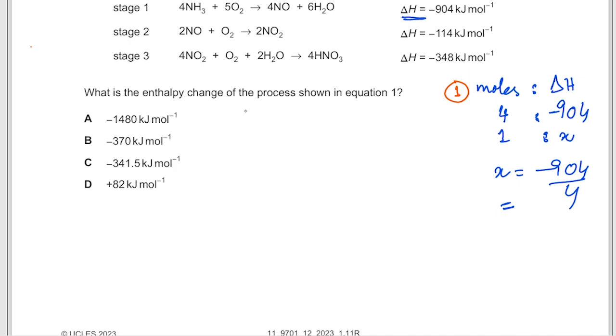For stage 2, if 2 moles are there, minus 114 enthalpy change is shown. For 1 mole, how much enthalpy change will there be? It will be minus 114 divided by 2, because we are making it 1 mole. If we are going to make it 1 mole, we have to divide it by 2.